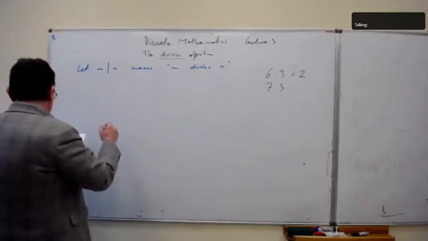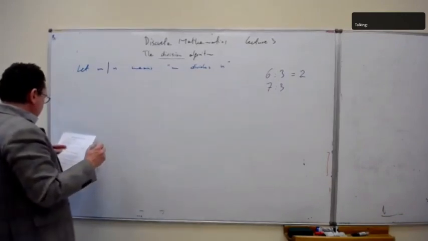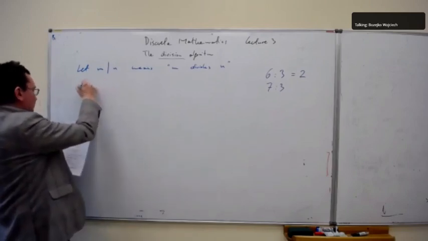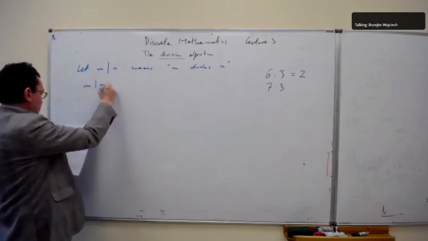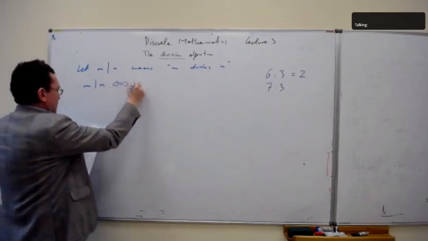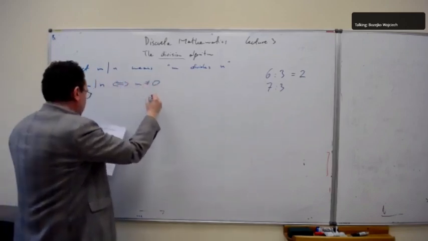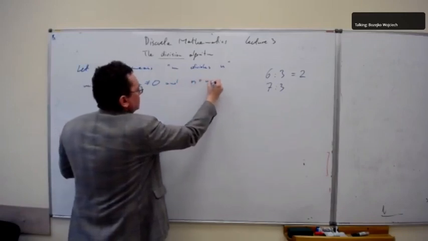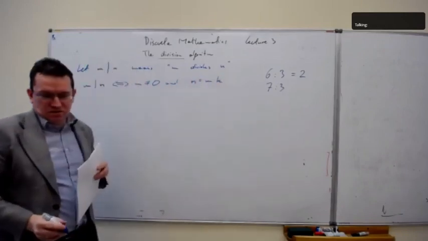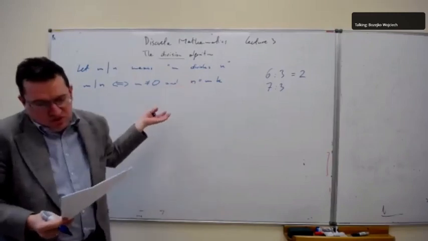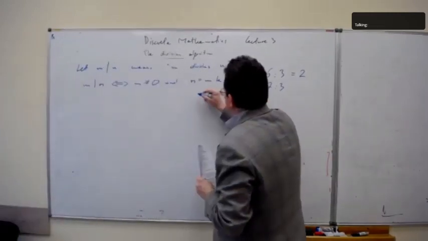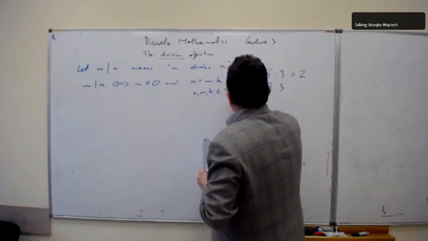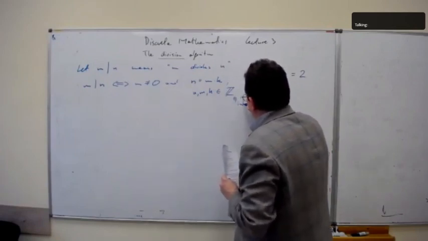Okay, so let us define it. m divides n means that m is different than 0, and n is m times k, for some value of k, and all of these numbers n, m, and k are integers.